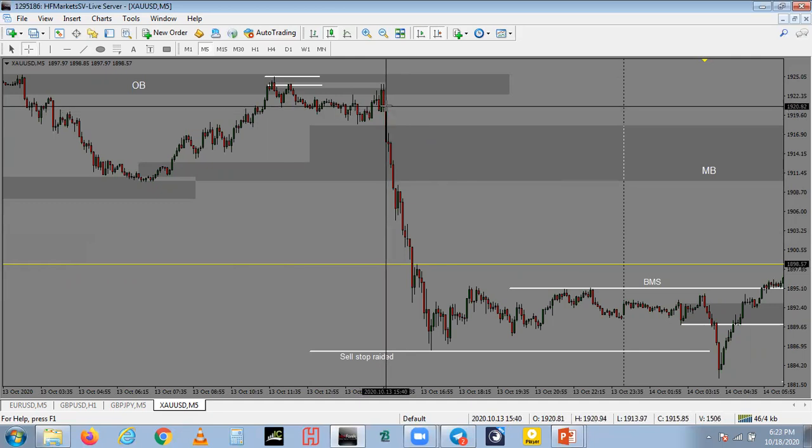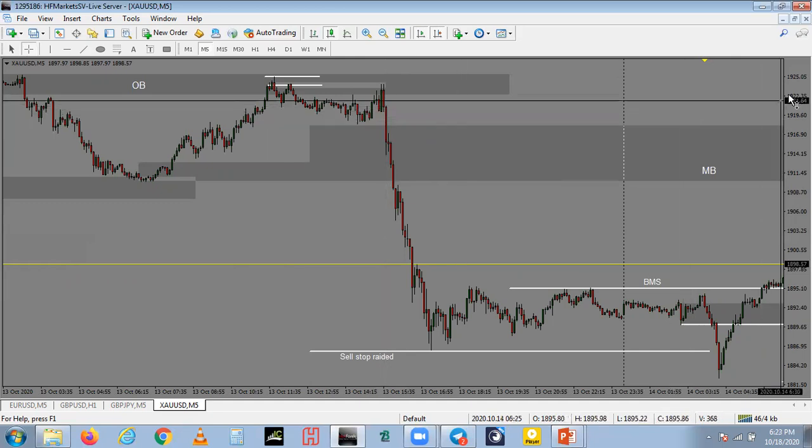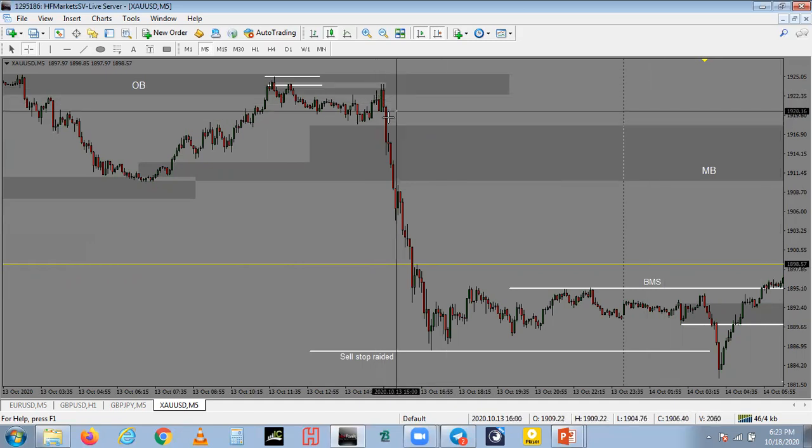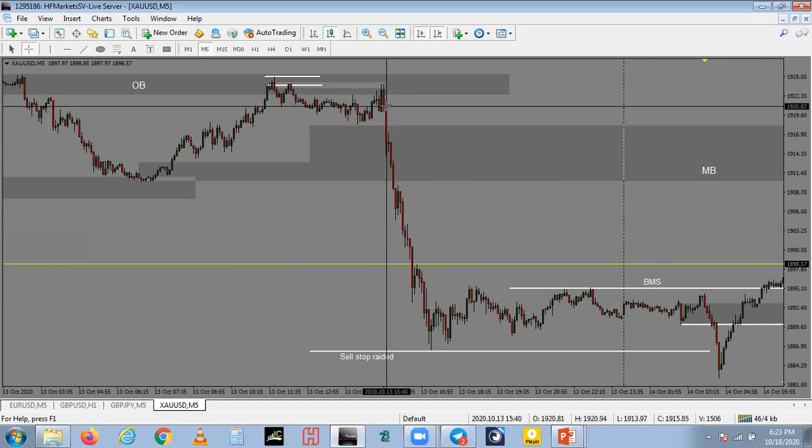If you look to my right, what number is that? That's 1920.90. So that's the price at which you're placing your sell stop, which is your pending order.